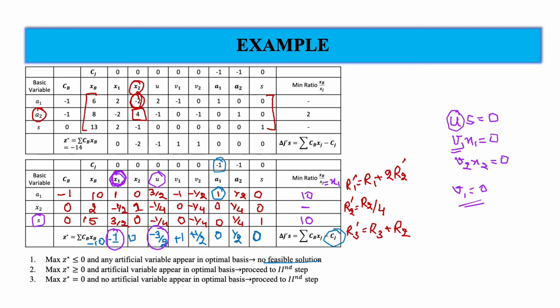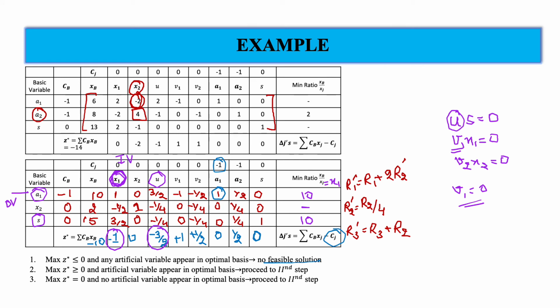Now which one is the outgoing variable? You can leave any one of them because the minimum ratio value is the same. It is better to leave the artificial variable. So this is the outgoing variable and this is the incoming variable.